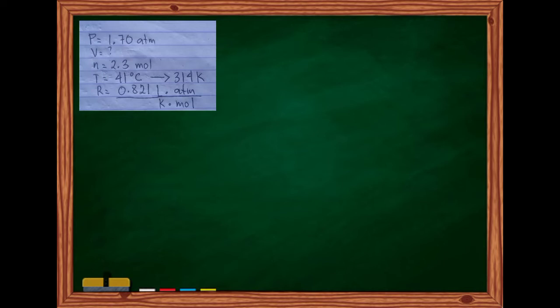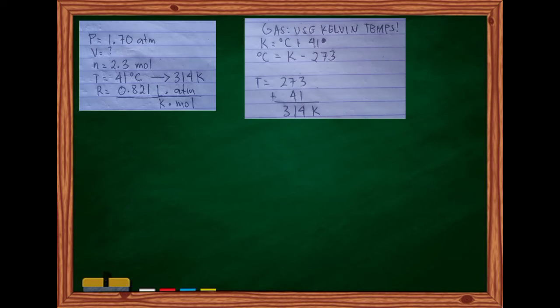Let's plug in the others. We have the pressure of 1.70 atm. We have the amount of gas, which is 2.3 moles, and the temperature is 41 degrees Celsius, which, as you already know, we're going to have to convert to Kelvin. To get to Kelvin, we take degrees Celsius, 41, plus 273.